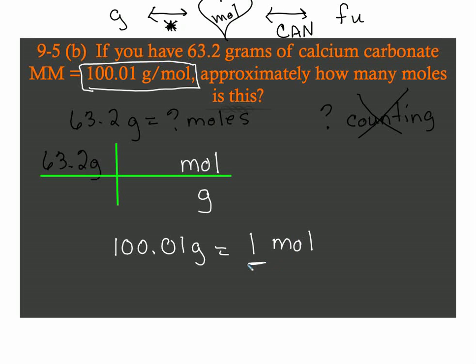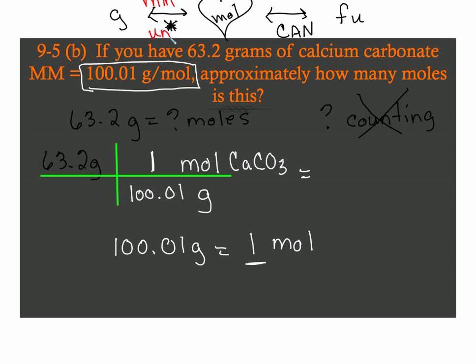Okay, when we have a slashed unit, we have a conversion factor. There's a 1 in front of the mole, and there's a 100.01 grams. So what that's saying is that for each substance, we have a unique conversion factor when we're dealing with mass to moles.